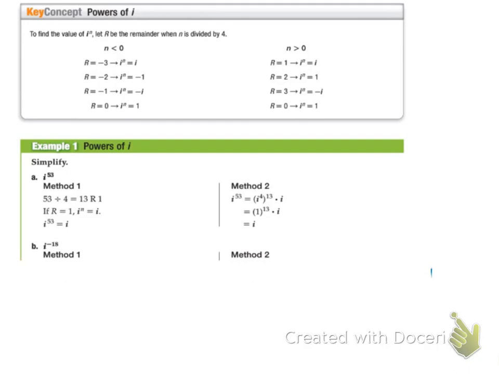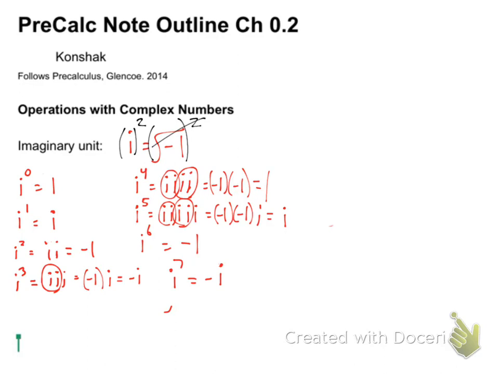The right-hand side is the ones that have a power greater than 0. This side has negative exponents. Negative exponents, it doesn't matter. Let's go back to this once. If I'm at 3, 2, 1, 0, the next one going backwards would be i to the -1, yeah?